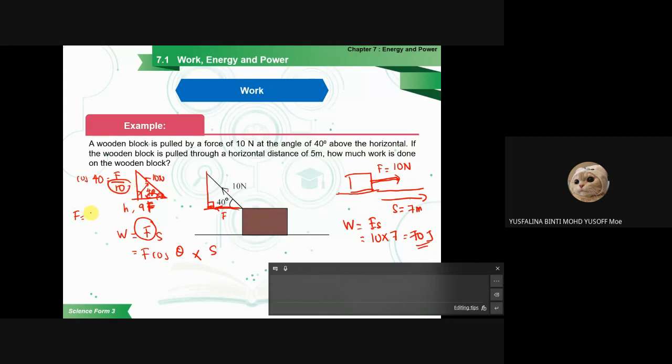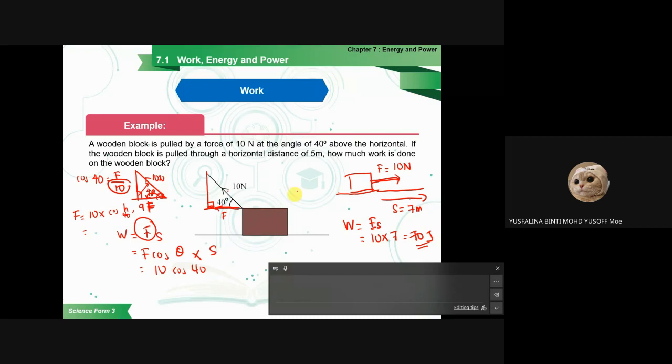So when you move it over, it will become multiply. So F = 10 cos 40. 10 cos 40, you will get 7.66.